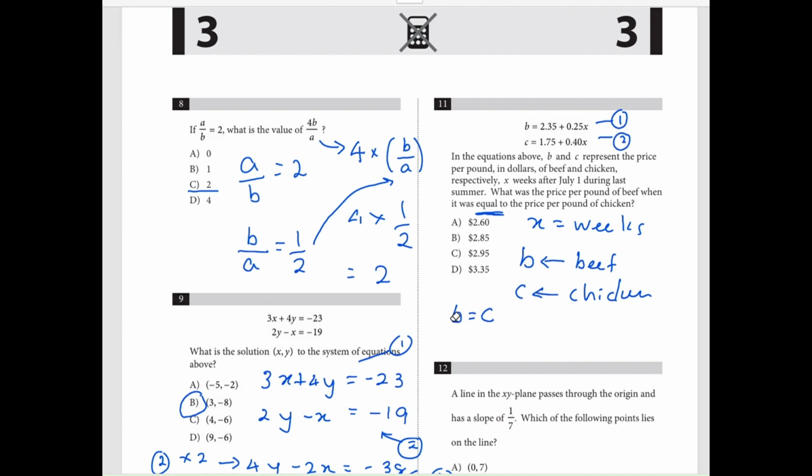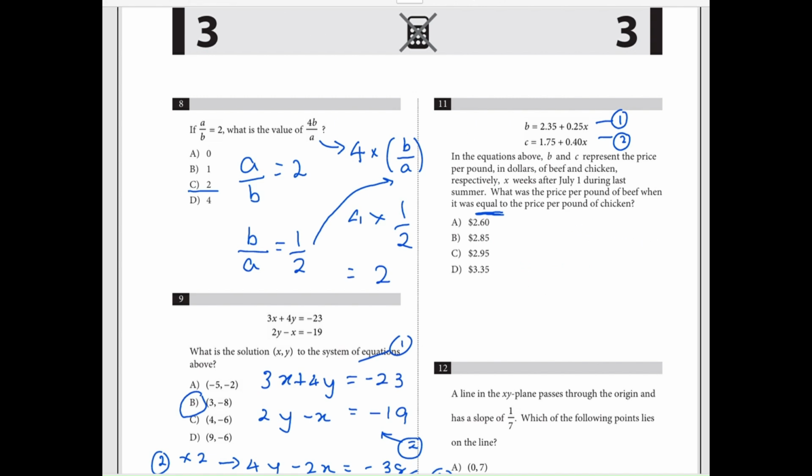Let me erase. Then 2.35 plus 0.25x equals 1.75 plus 0.4x, and 2.35 minus 1.75 equals (0.4 minus 0.25) times x.